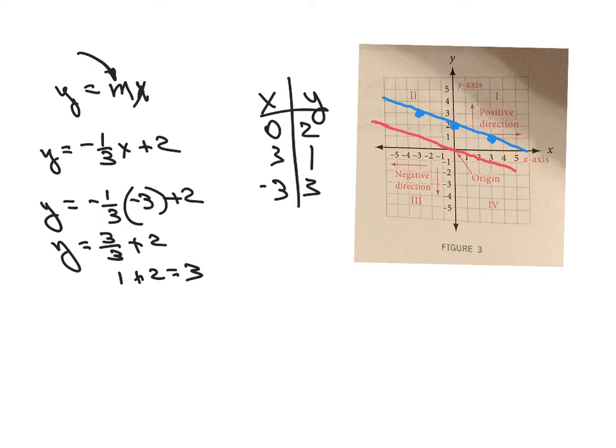But because I added 2 to it, it shifted up 1, 2. Same line, it's just 2 units higher than if this 2 was not there. Okay? So very important to remember that, and we'll get into some names for all of this in a minute. So let's try another one.